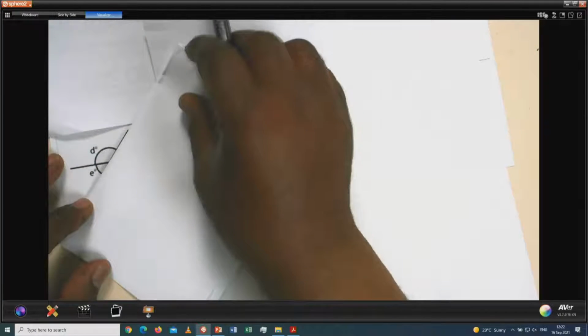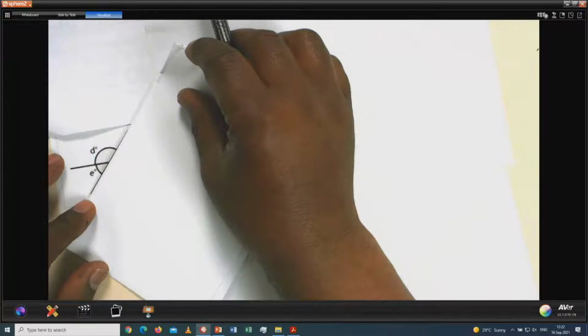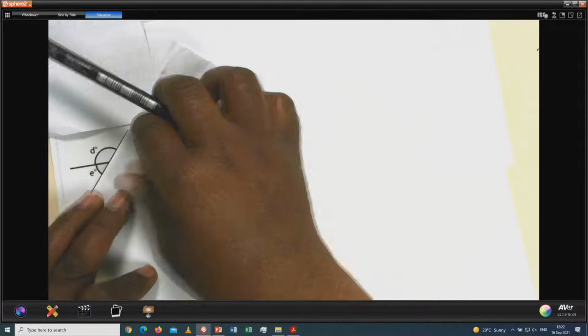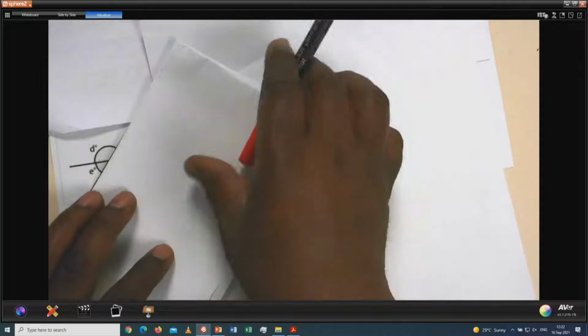But this one, the straight line, we know when you add both of them it is 180, but we cannot go any further. We have two that we don't know, so it's going to be a little bit difficult. Yes, it's a straight line, adjacent angles equal 180, but we don't know both of them.